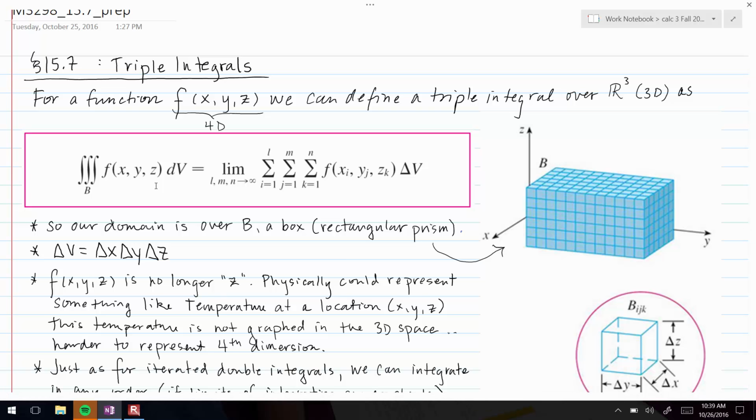What we have been graphing, maybe the volume underneath the surface, has now become our domain. And then this thing that we're trying to integrate, this fourth dimension, is something that we don't even attempt to visually display.